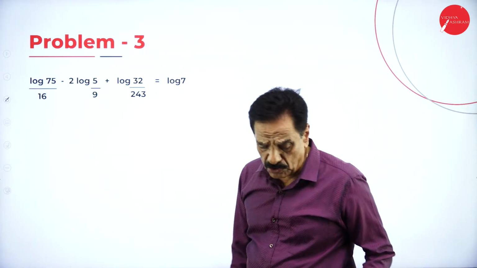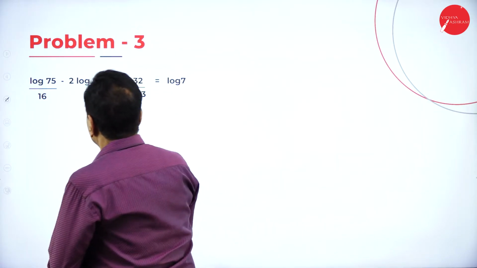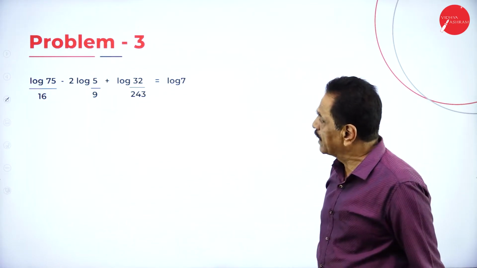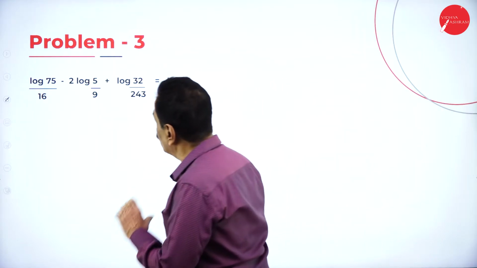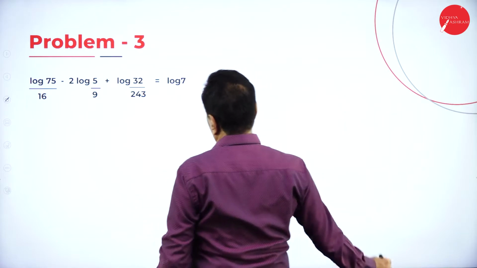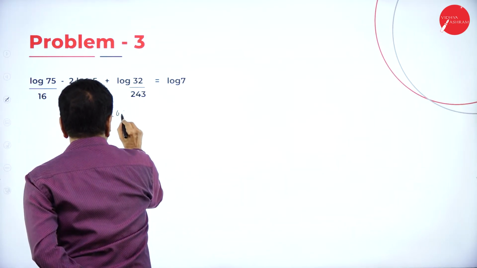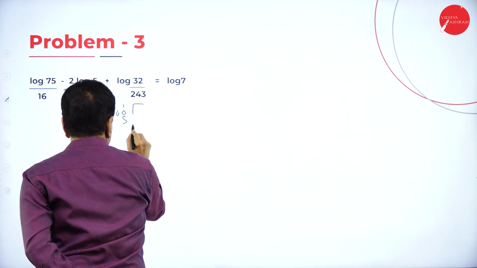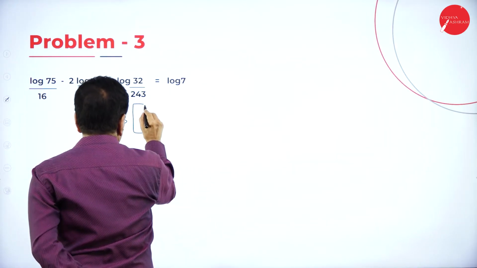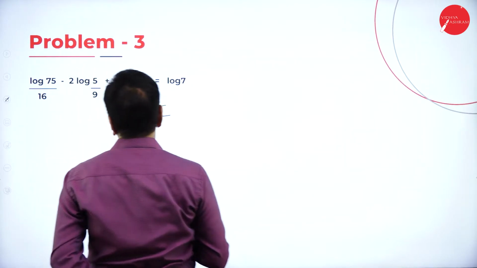Then we move on to log 75 divided by 16, 2 log 5 divided by 9 log. So I told you, plus means multiplication. This can be written as log 75 divided by 16.